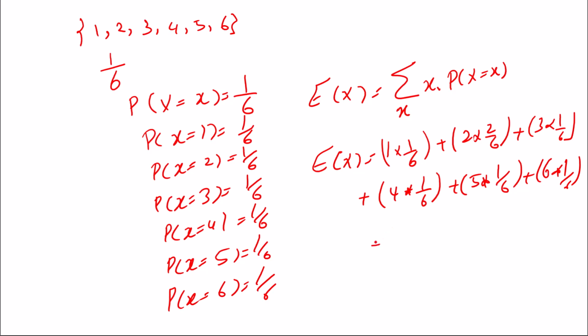And you will get 7 divided by 2, which is equal to 3.5. This expected value kind of intuitively makes sense because 3.5 is halfway in between all possible values in a die. Thus, this is the value that you could expect.